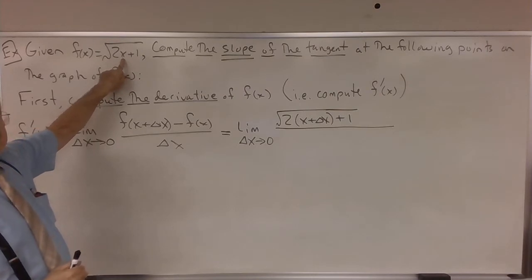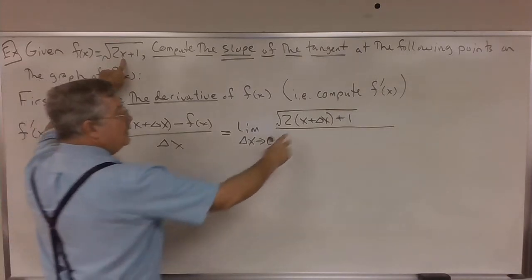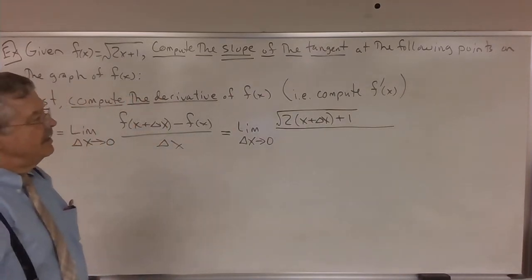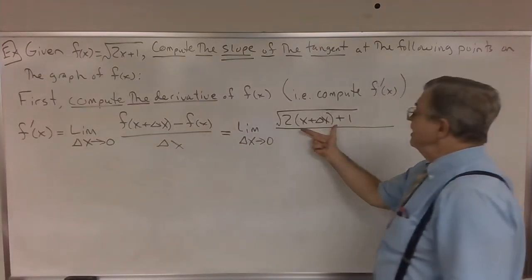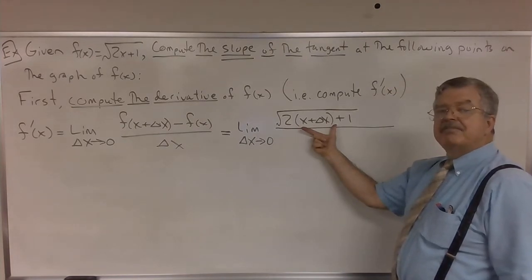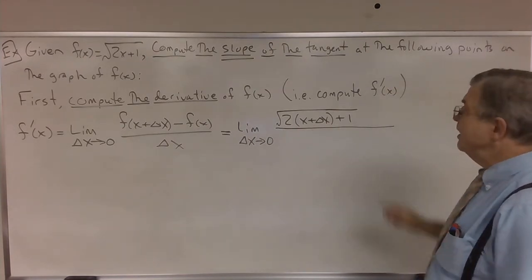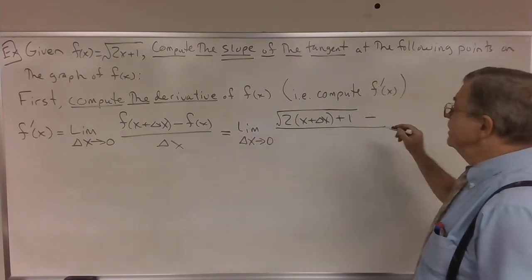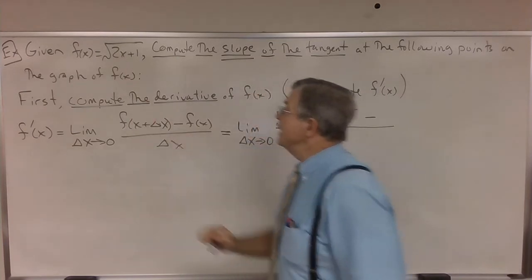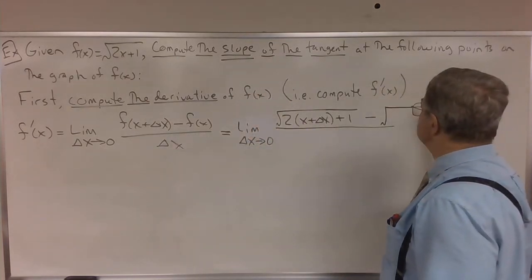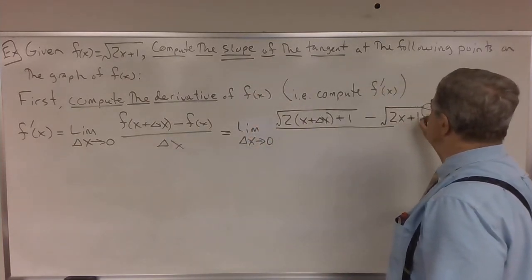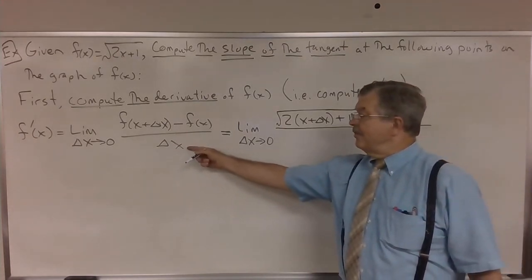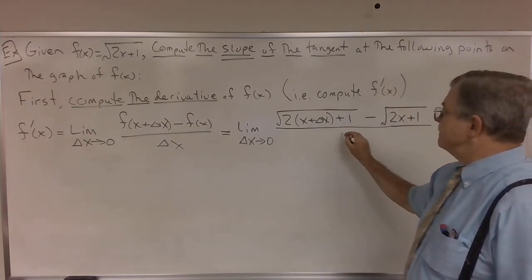So this is f evaluated at x plus delta x. Next, we subtract f of x, square root of 2x plus 1. And then the whole thing is over delta x.